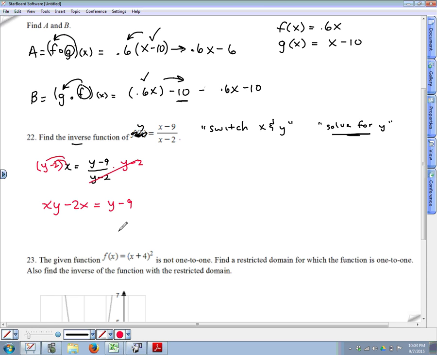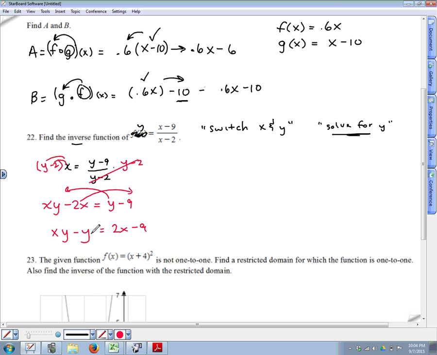What you're going to want to do is get all the y terms, or any term that has a y, on one side. Any term that does not have a y, move that to the opposite side. So I'm going to move this y to the left over here. I'm going to take this negative 2x term and move that over here. So we've got xy minus y equals positive 2x minus 9.